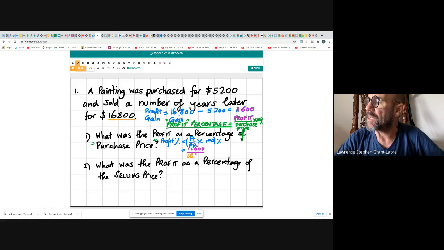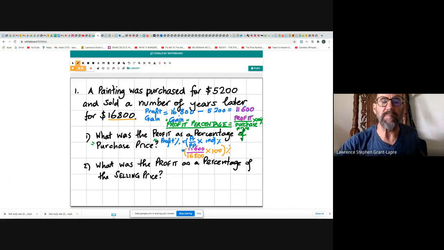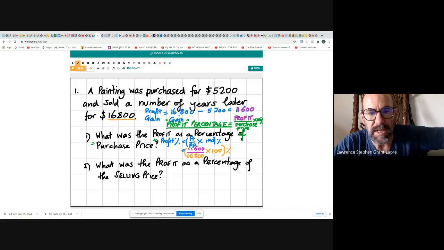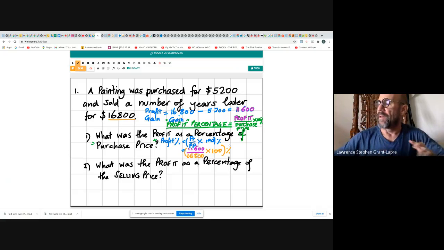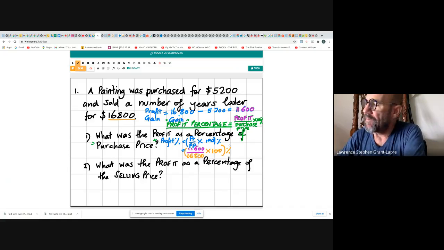So 16,800, and times that by 100%. We're not timesing it by 100, we're multiplying it by 1, because 100% is 1. However, you times it by 100 and leave the percent sign in the answer, and that percent means divide 100.